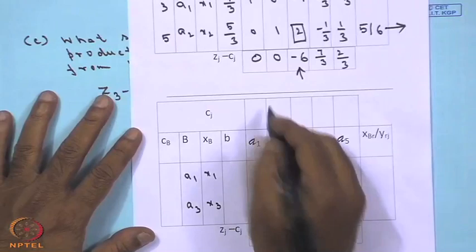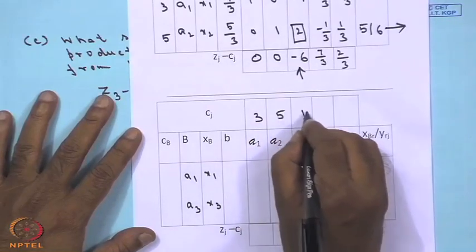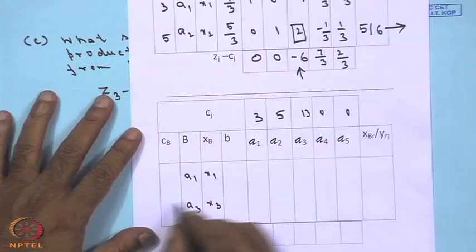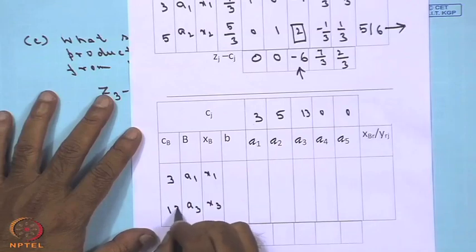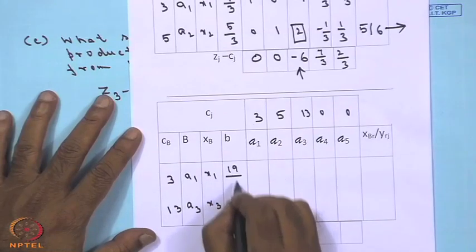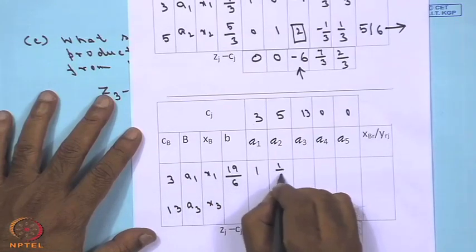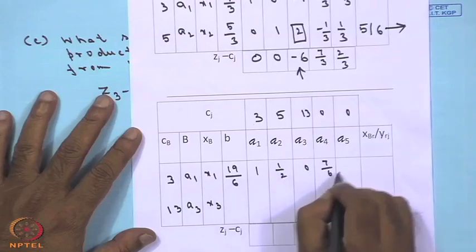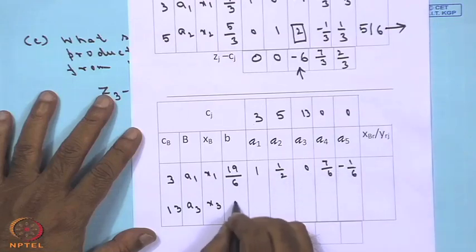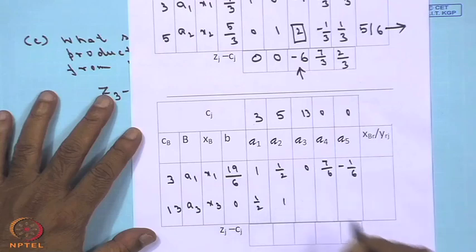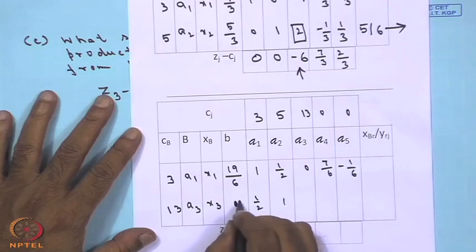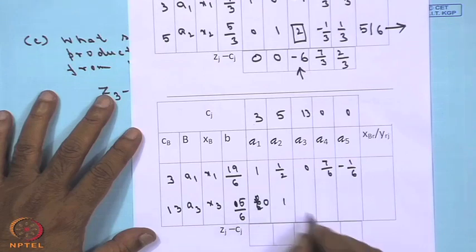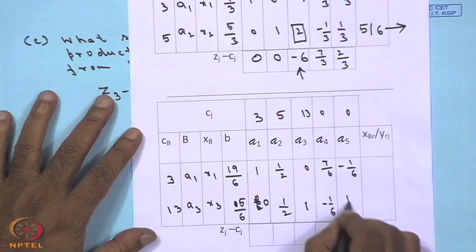Zj minus Cj are 3, 5, 13, 0, 0, your CB will then be 3, 13. I am writing the solution directly: 1, half, 0, 7/6 and minus 1/6, 0, half, 1, sorry not 0, this will be 5/6, this element will be 0, this is half, this is 1, minus 1/6 and 1/6.